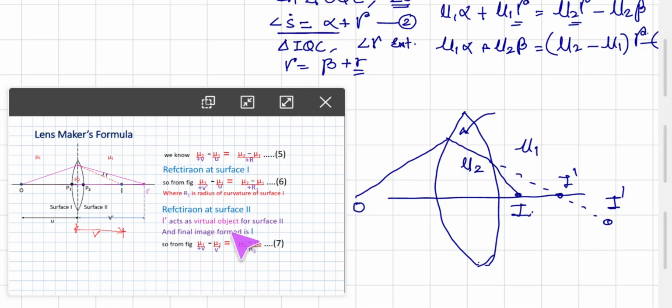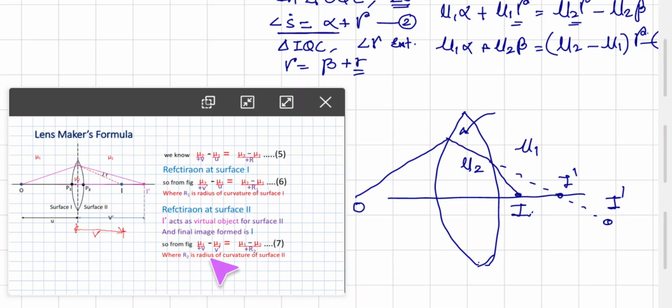So from the figure, again the same rule is there. Here we see mu2 minus mu1. Here the object was in the medium of refractive index mu2 minus mu1, where u is the object and mu2 was the refractive index of the glass medium. But now for the second surface, the ray starts in the glass medium, so the object is now in mu2.